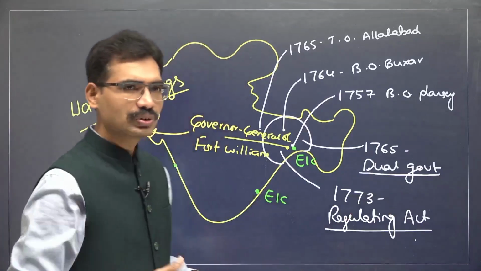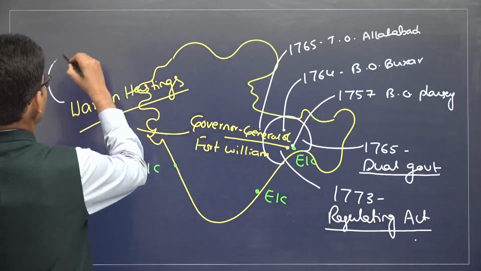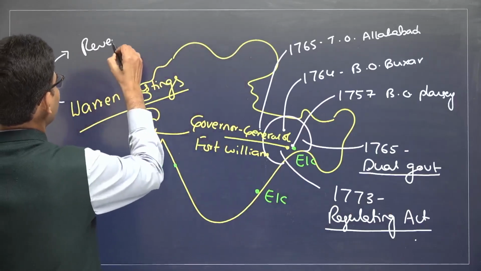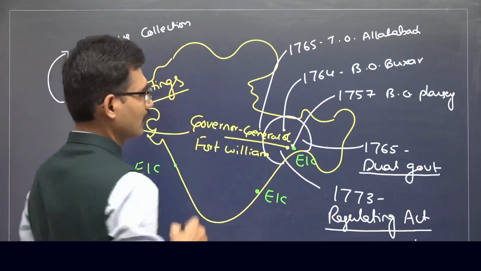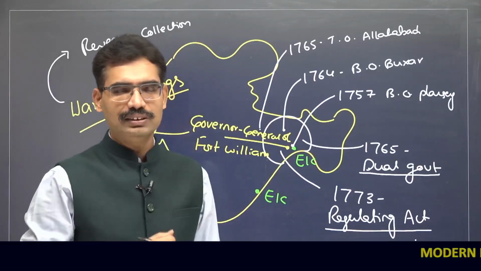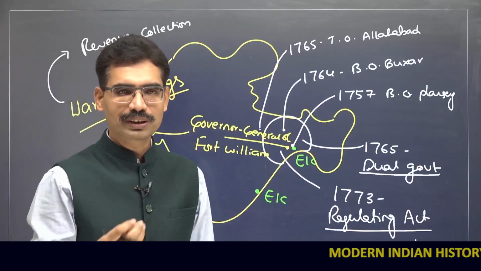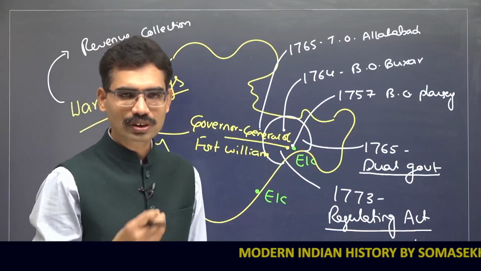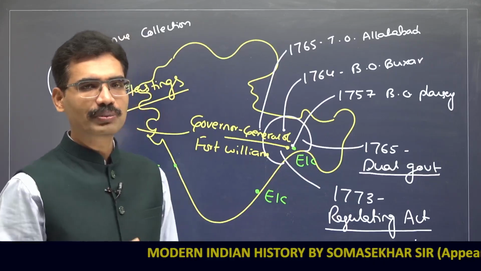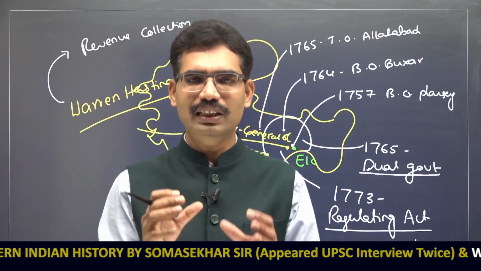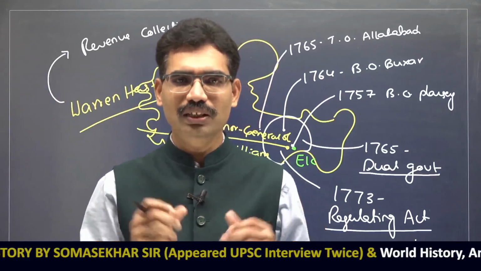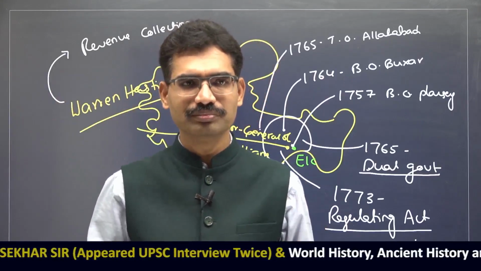Now, when it comes to general administration, what does it mean? Revenue collection is one thing. You are collecting revenue from the peasants. But if there is a dispute between peasants, who is going to resolve it? If there is a dispute between government officials and peasant, who is going to resolve it? If there is a revolt or any kind of law and order issue, who is going to resolve it?